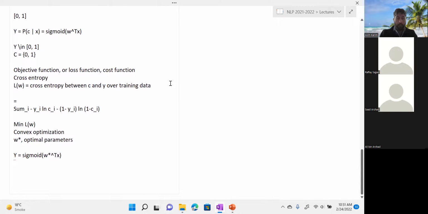So we have talked about the model, the loss function, and the optimization of that loss function, which will yield the optimal parameters.